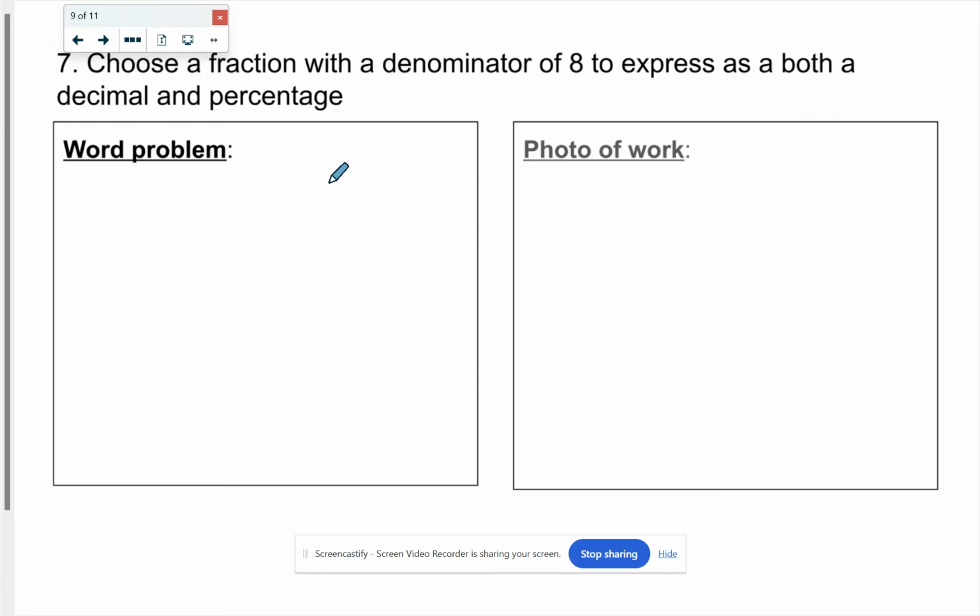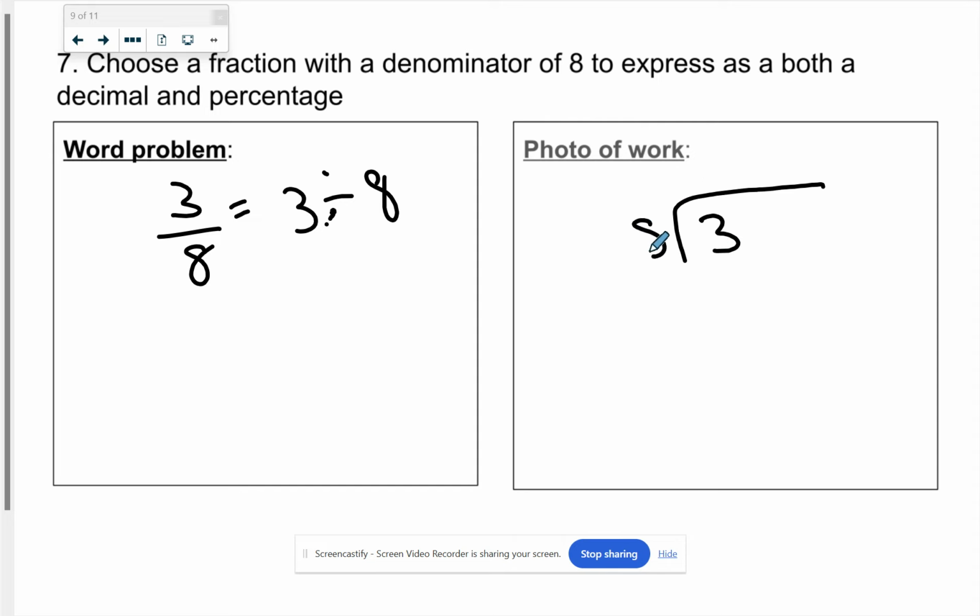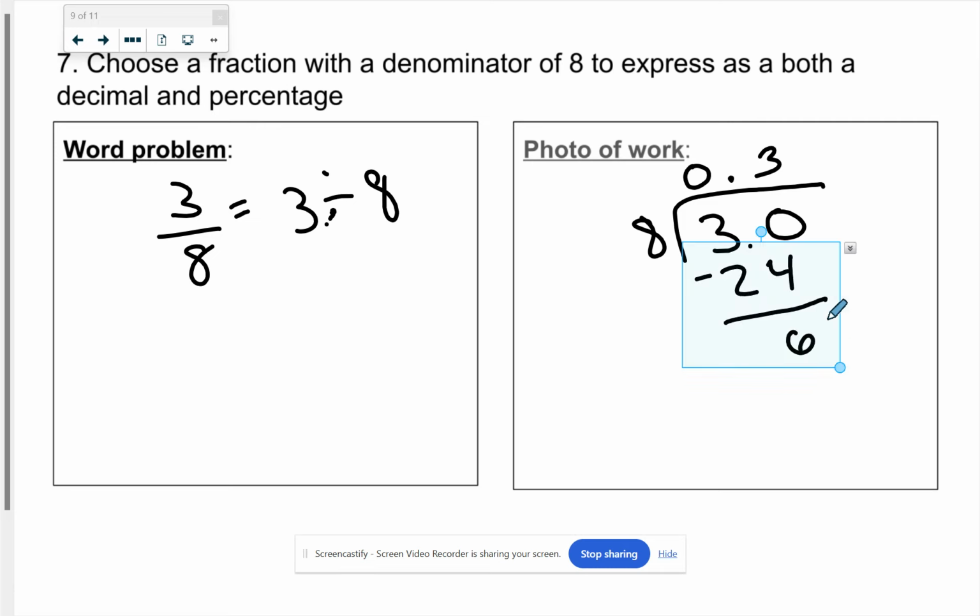Choose a fraction with a denominator of 8 to express as a decimal and a percentage. I'm going to do 3/8. So what this is really saying is 3 divided by 8. Numerator, or 3, goes on the inside. 8 goes on the outside. All right. 8 does not fit into 3, decimal point and a 0, but it does fit into 30 3 times. 8 times 3 is 24. Subtract, you get 6.